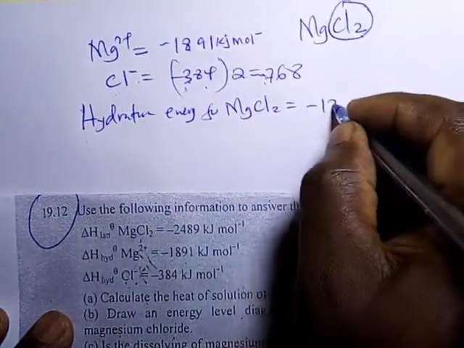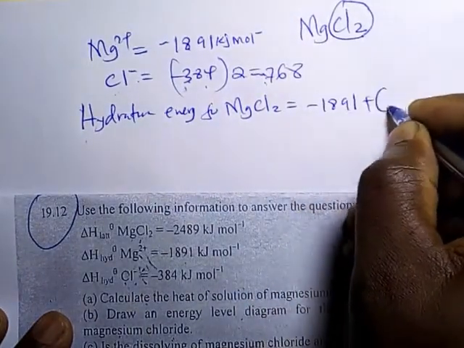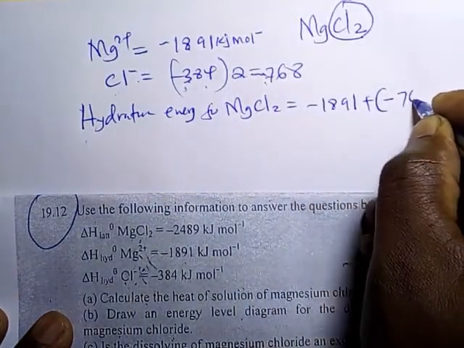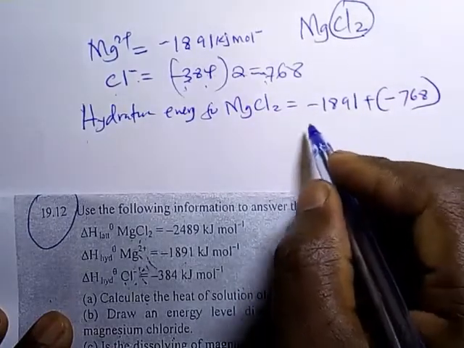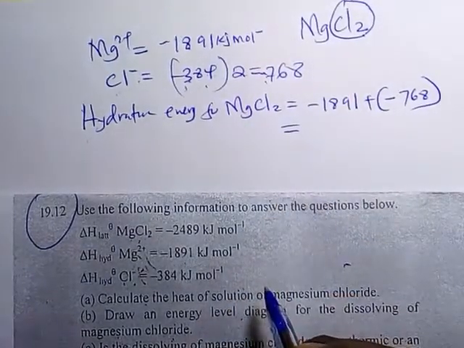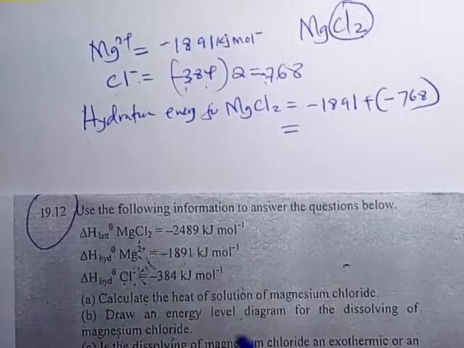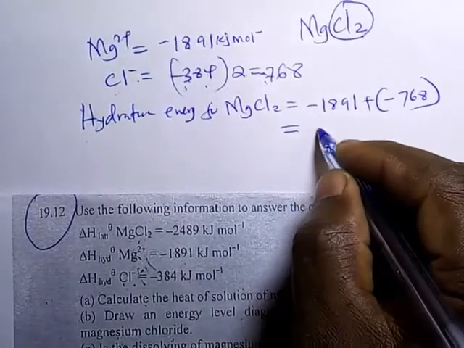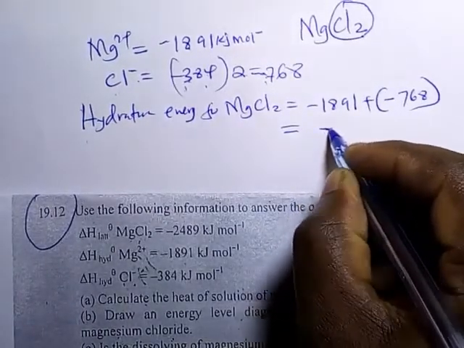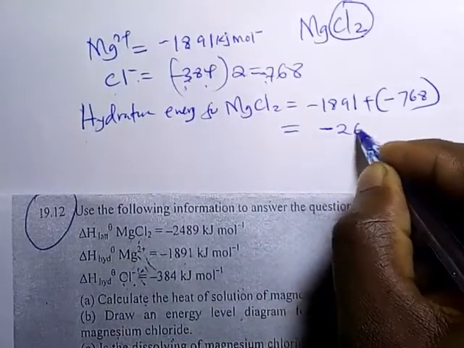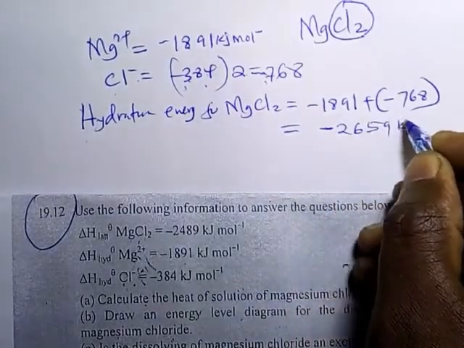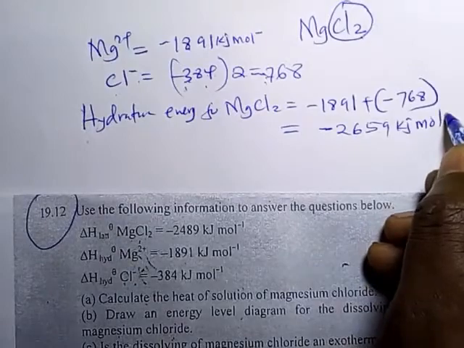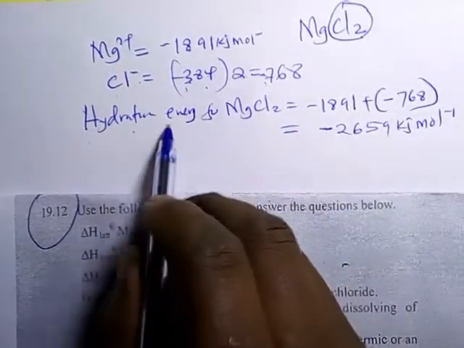That is -1891 plus -768. We get the total for hydration. So using your calculator, this one will give us -2659 kilojoules per mole. So that is the hydration energy.